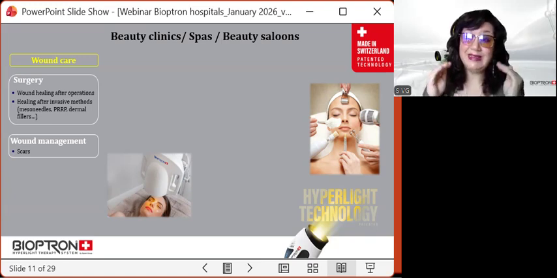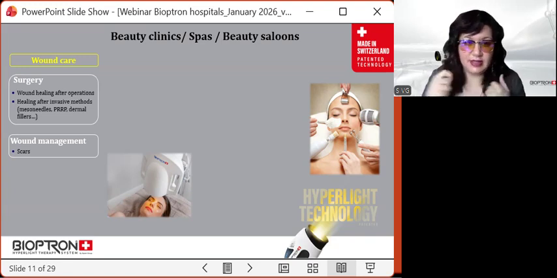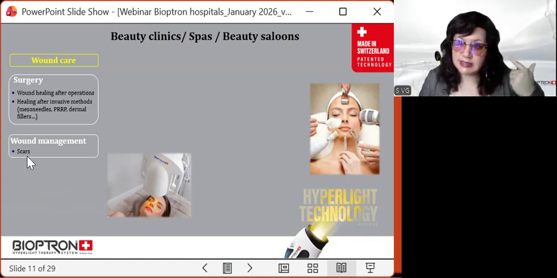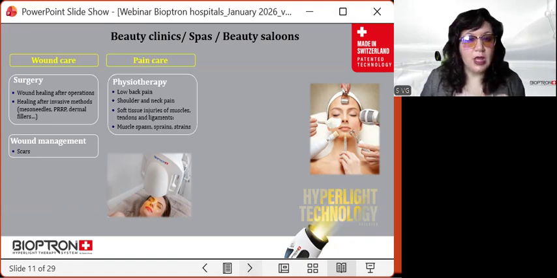Bioptron, as you know, will decrease the inflammation, the pain, and will improve even more the effect of these treatments. Also to treat scars, in case there are scars of acne or scars from an old wound.